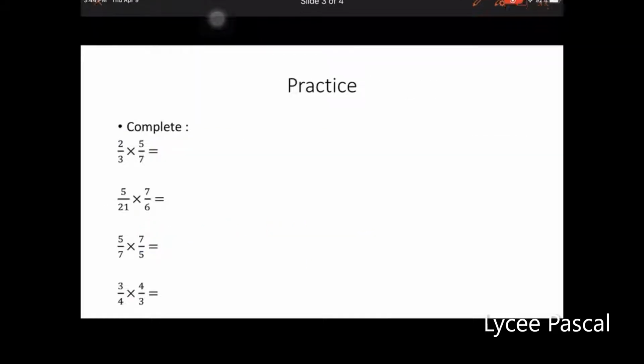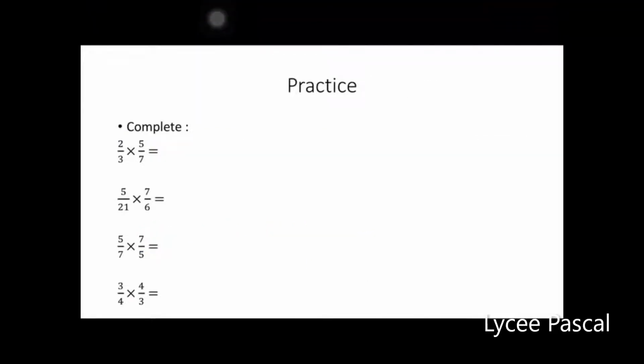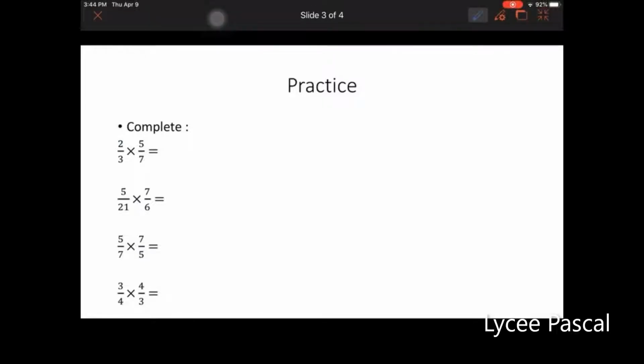Now we should practice this. We have to complete 2 over 3 times 5 over 7. In a very easy way, it's a fraction whose numerator is 2 times 5 over 3 times 7, which is equal to 10 over 21.